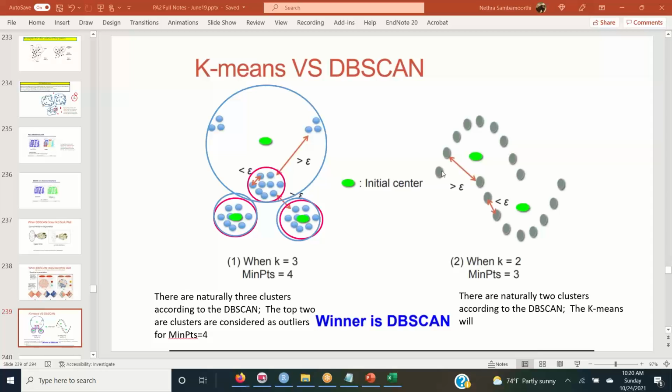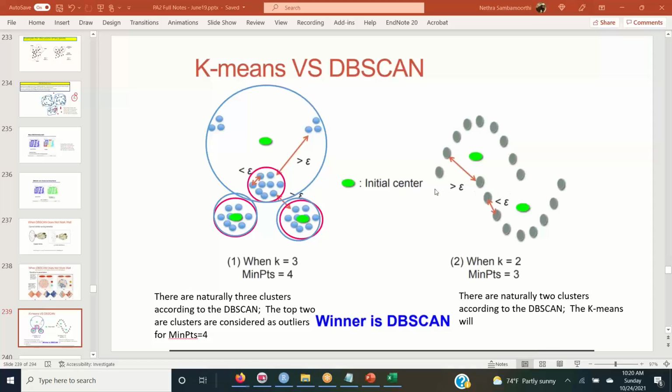But if you use the K-means, again it depends. You ask for 2 clusters, it will identify these as 1 cluster here and 1 cluster here in this range.